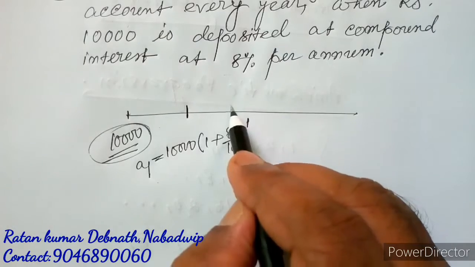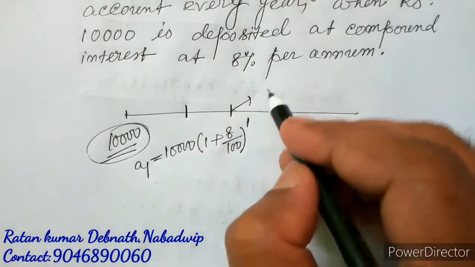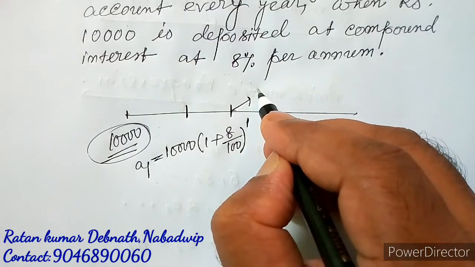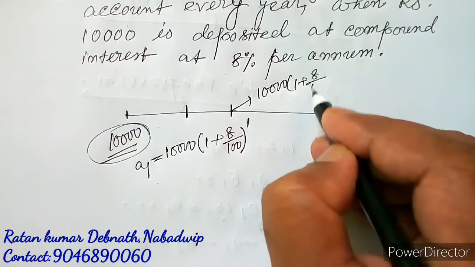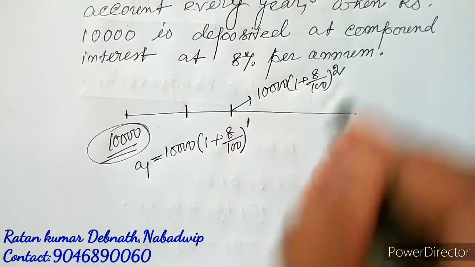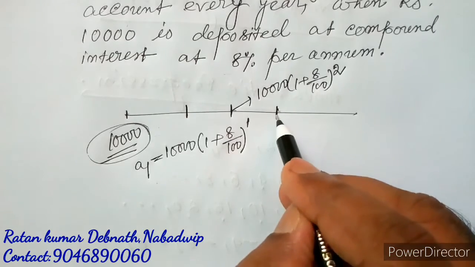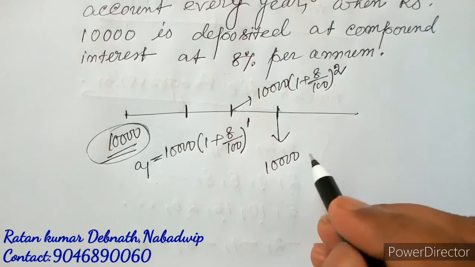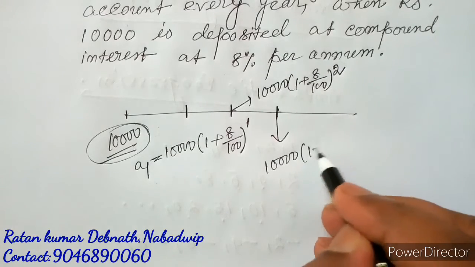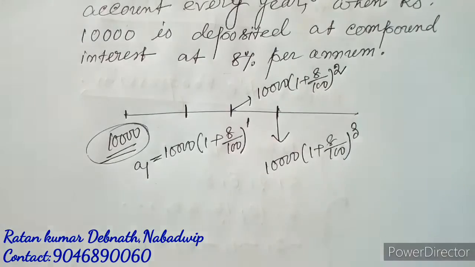Again, after 1 year, it will be 10,000 into 1 plus 8 by 100 square. Again, after 1 year, it amounts to 10,000 into 1 plus 8 by 100 cube.